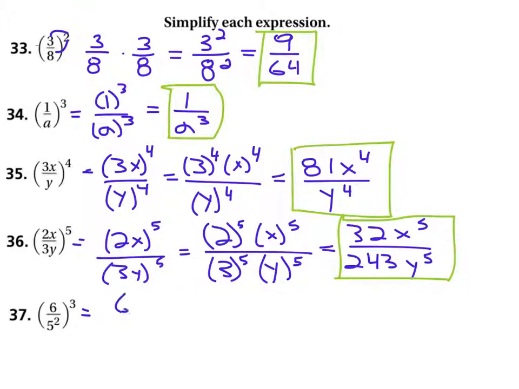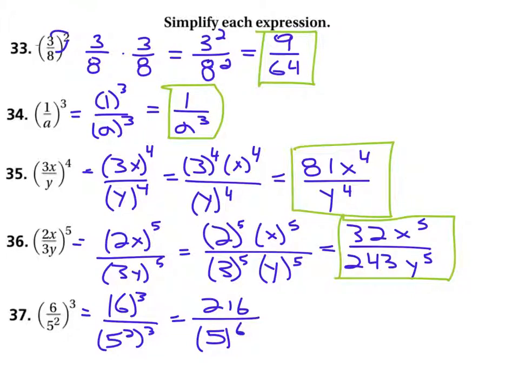Right here, raising this to the third power, you distribute that exponent to the top, and you give it to the bottom. We've got 6 to the third power, which is 216, over 5 to the second power raised to the third power, which is actually 5 to the 2 times 3, or 5 to the sixth power.